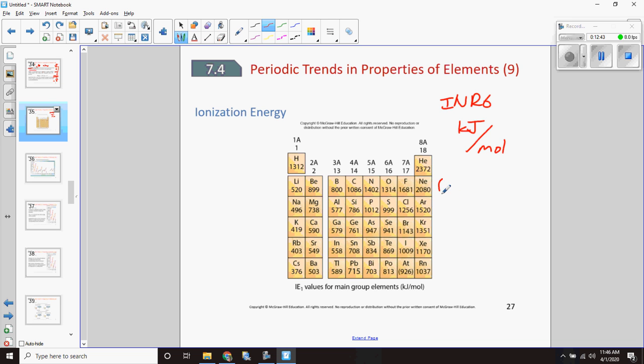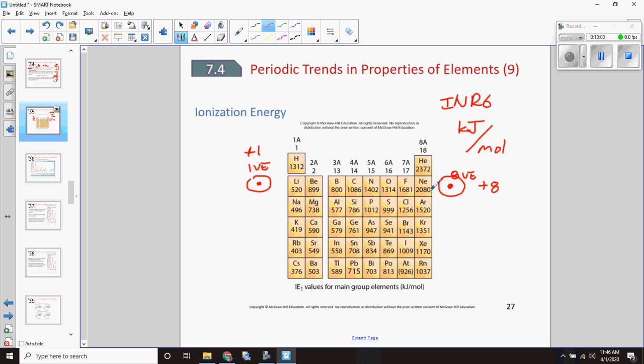Now remember, if this is the core for neon, neon has 8 valence electrons, and over here, lithium only has 1 valence electron. Lithium has an effective nuclear charge of +1. Neon has an effective nuclear charge of +8.